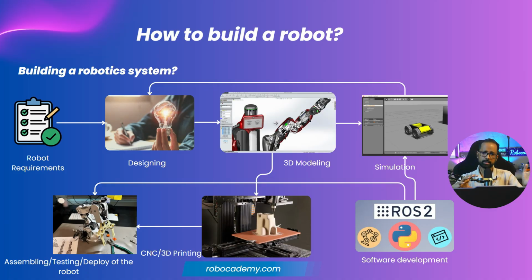And using this 3D model, we are going to simulate it in a simulator called maybe Gazebo, CoppeliaSim, V-REP, Isaac Sim. There are multiple simulators available. Okay, there are free and paid simulators available. So we will be taking this model and then simulate it in the simulator.